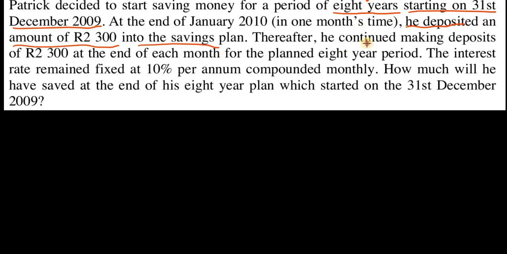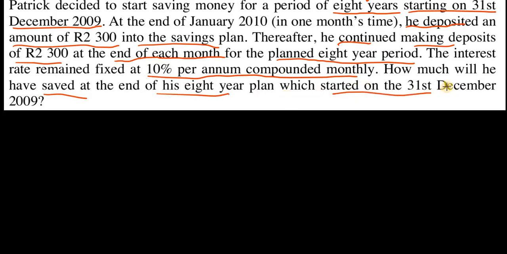Thereafter, he continued making these deposits of 2,300 at the end of each month for the planned 8-year period. The interest remains fixed at 10% per annum compounded monthly. How much will he have saved at the end of his 8-year plan, which started on the 31st of December 2009? Beautiful. Now, how do we do that?